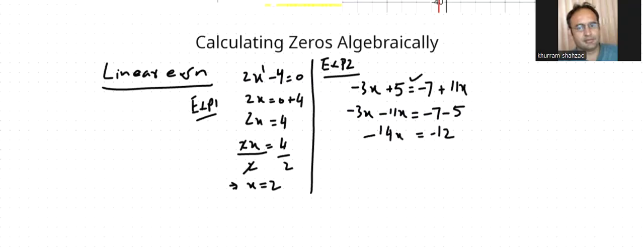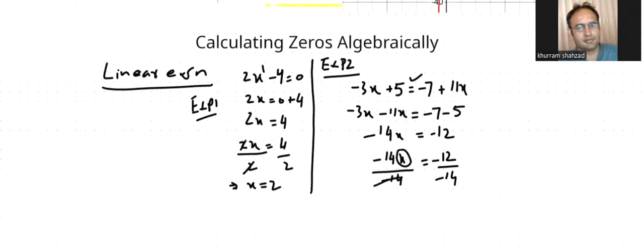So negative 14x we will divide on both sides by negative 14. Why are we dividing both sides by negative 14? Actually, we are making x alone. So this negative 14 is cancelled with this negative 14.